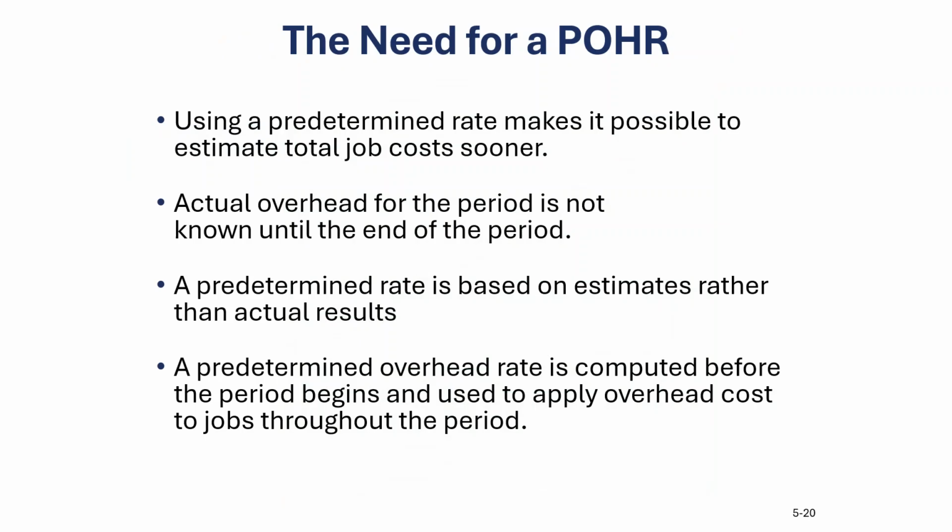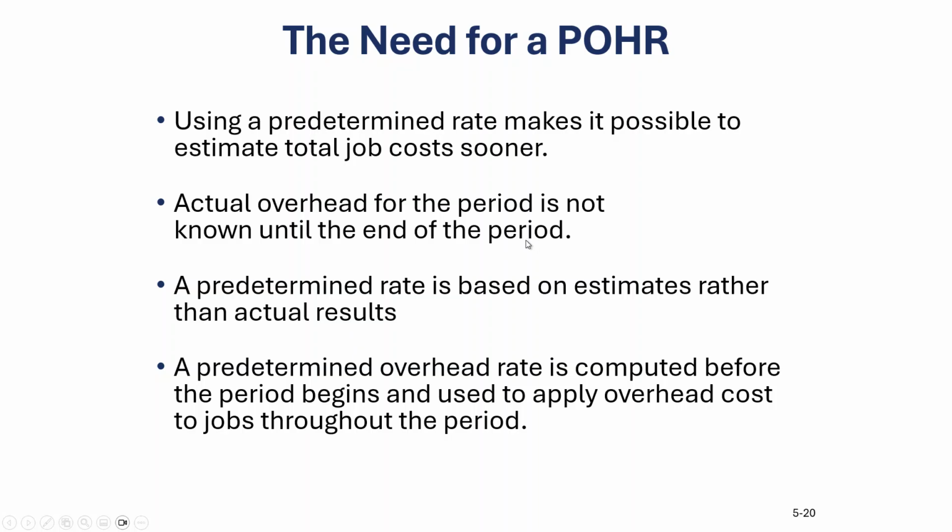Okay, so now the next part is, why do we need a predetermined overhead rate? I already mentioned earlier that you cannot determine the manufacturing overhead until the end of the year. So we use the rate to calculate the cost, so you can allocate the overhead cost to every job as it completes instead of waiting until the end of the year, because the actual overhead for the period is unknown until the end of the year or the end of the period.